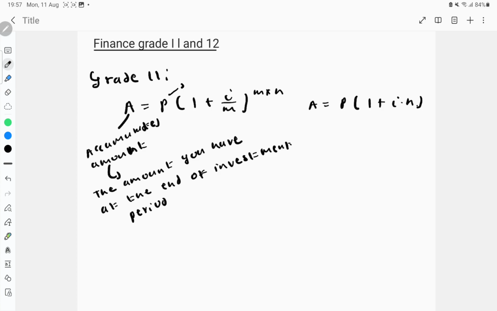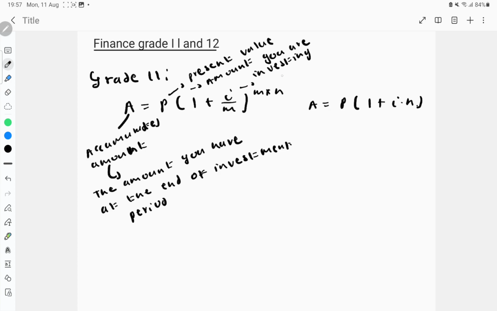And then P would be the present value, and then present value is the amount you are investing.